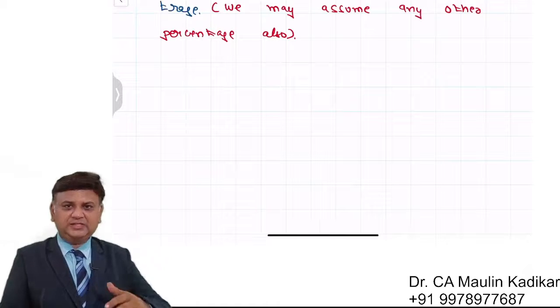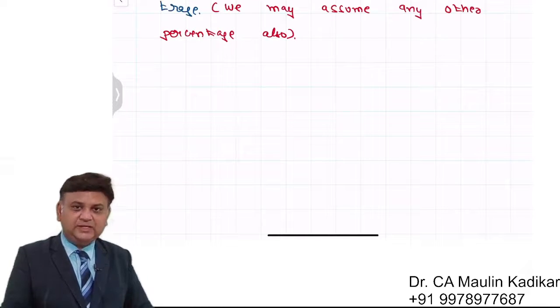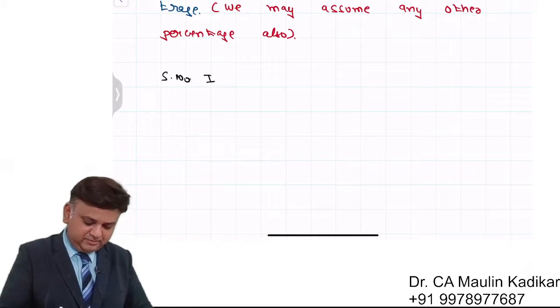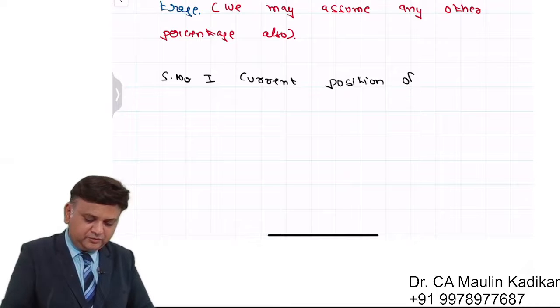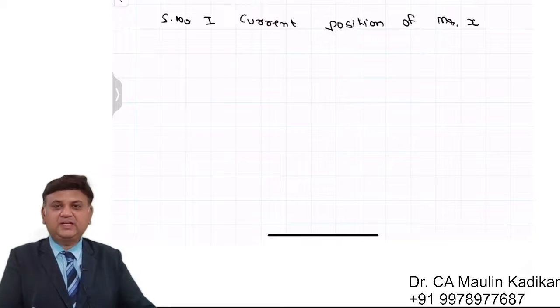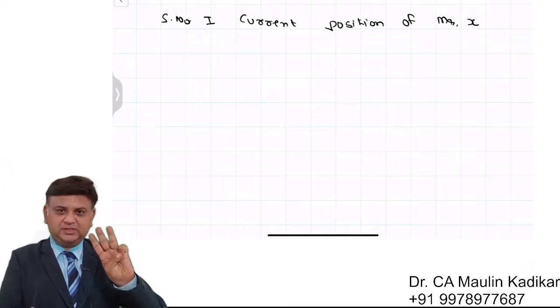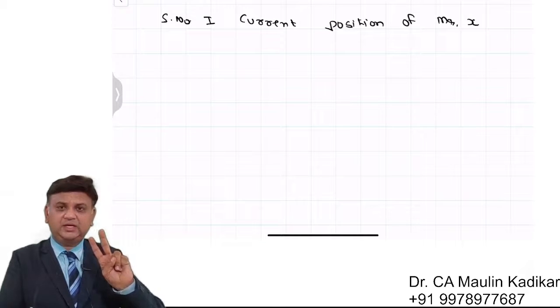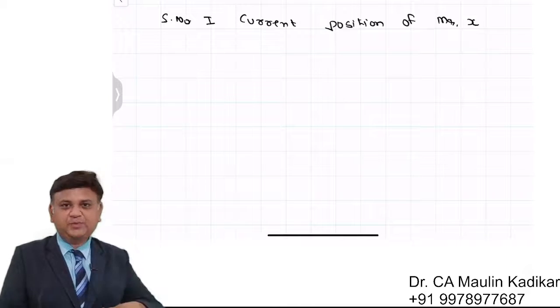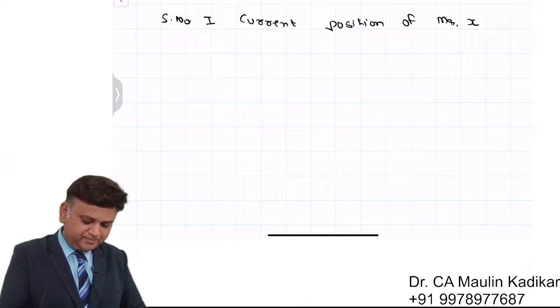We'll have the working of the answer something like this. Write down answer along with me. Step number 1. Current position of Mr. X. We'll write the current position of Mr. X in three things. One, current investment. Second, current income. And third, exposure to debt risk. What is exposure to debt risk? I just explained that to you.